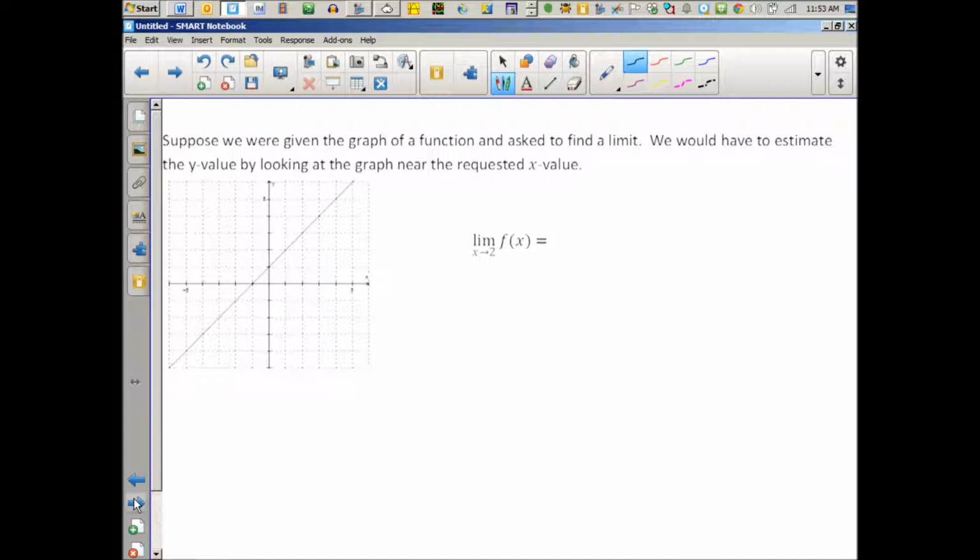Like these problems are all just graphs, okay? And then you learn how to do things without tables or graphs. That's called analytical or algebraic. And then there's some problems that are just strictly verbal. You have to write sentences or whatever, okay? Or you have to word things the right way. That's why I'm so heavy on the verbal stuff. I'm always trying to get you guys to speak, right?